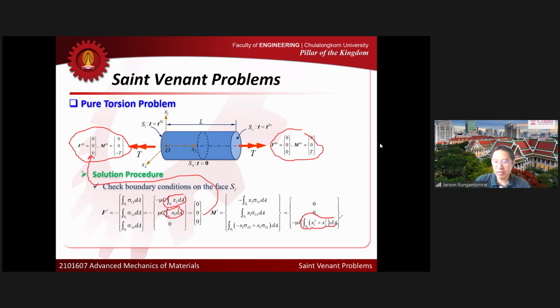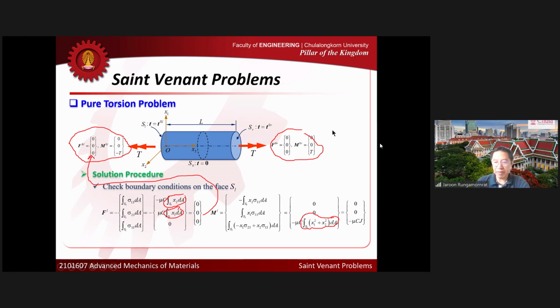Can you remember? The integral of x1 squared plus x2 squared over the cross section is simply what? It's the polar moment of inertia, right? This is the polar moment of inertia of the cross section.